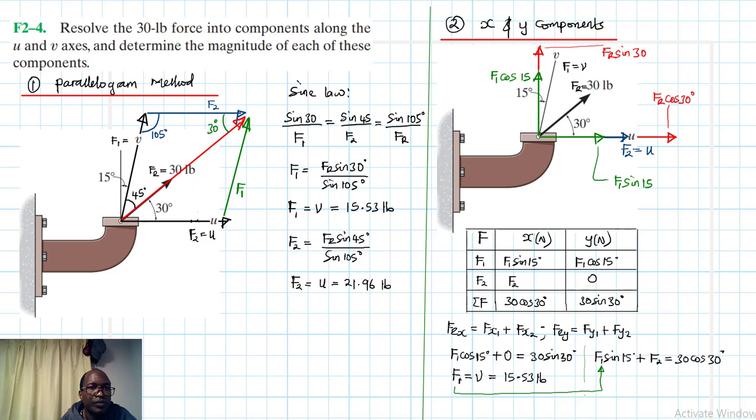When we do so, we find that F2, which is U, is equal to 30 cos 30 minus 15.53 sine 15, which gives 21.96 pounds.